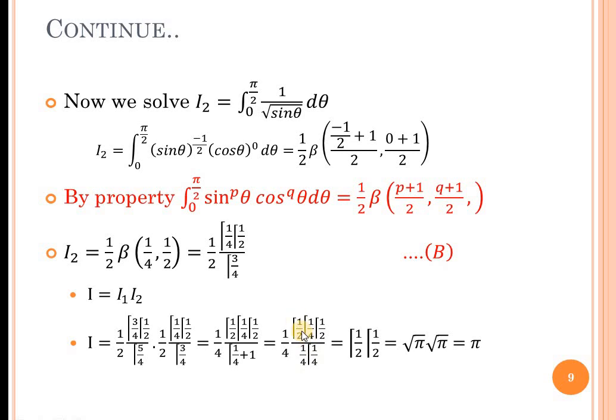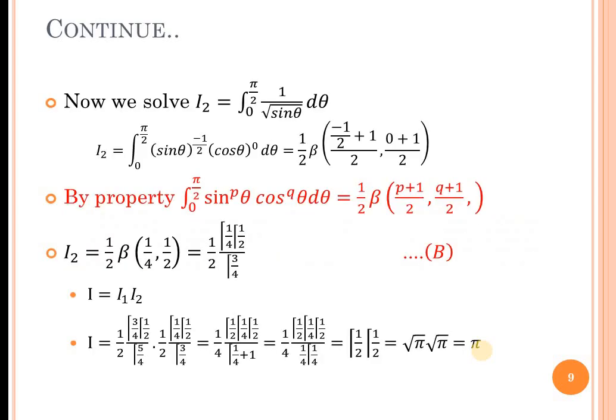So what is remaining is gamma half into gamma half. We know the property of the gamma function: gamma half is root pi. So gamma half into gamma half is root pi into root pi, which is nothing but pi.